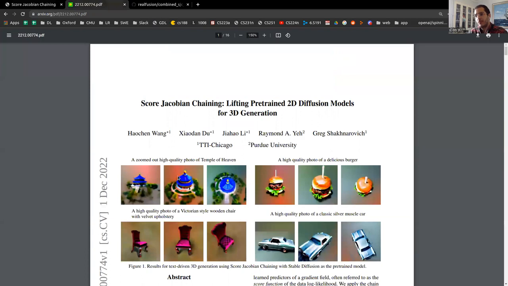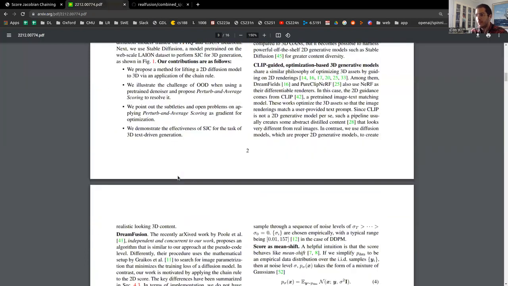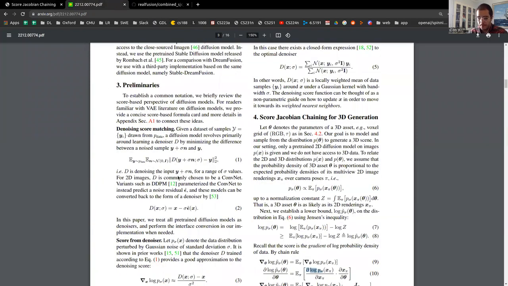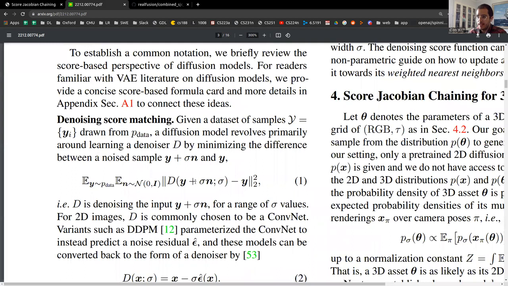So I should now move on to the paper. I will start with the first equation. Let's say I have a sample in hand named Y. I'm adding a little bit of noise to my sample Y. Later, I have a pre-trained diffusion model, and this diffusion model is actually a denoiser, denoted as D here.